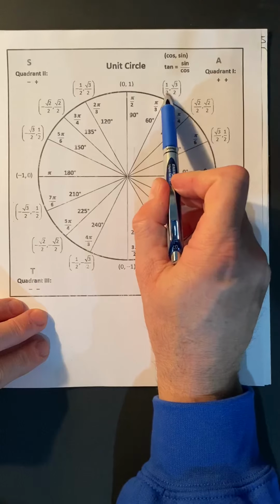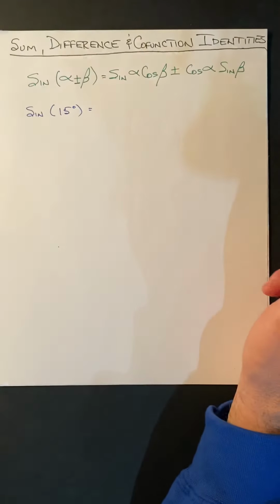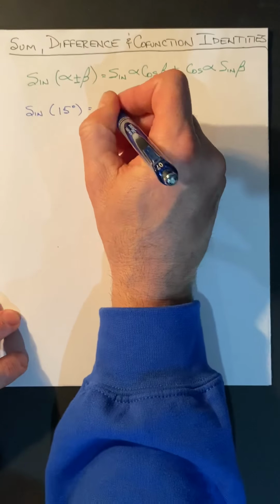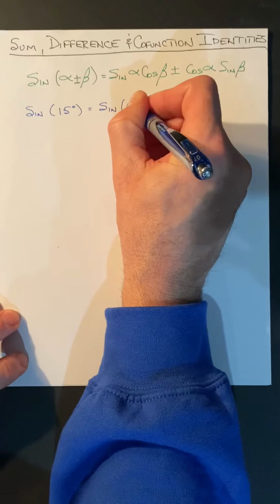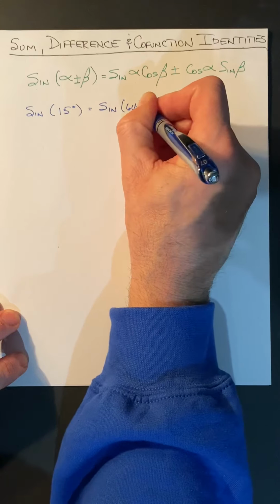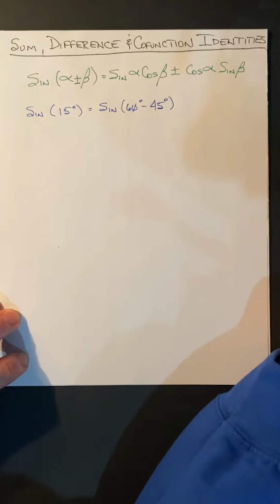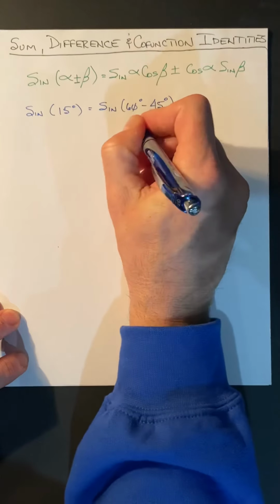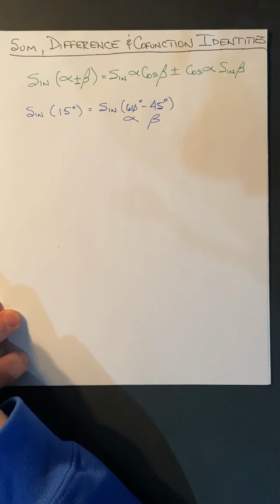And of course, we know our sines and cosines for 60 and 45. So if I thought of 15 degrees as the sine of 60 degrees minus 45 degrees, I would now have my alpha and my beta angles, wouldn't I?